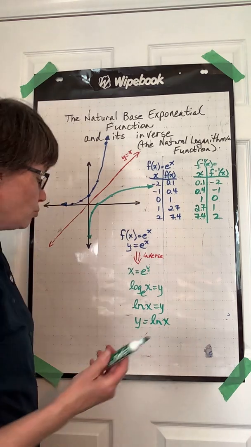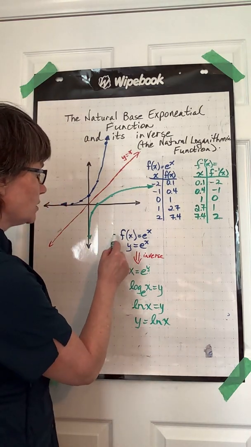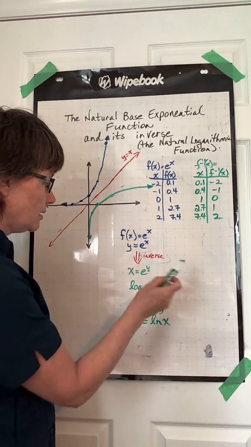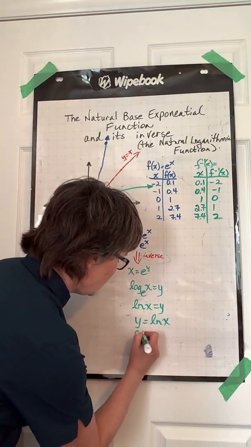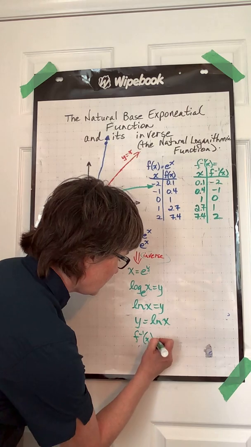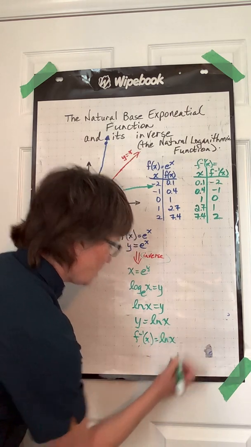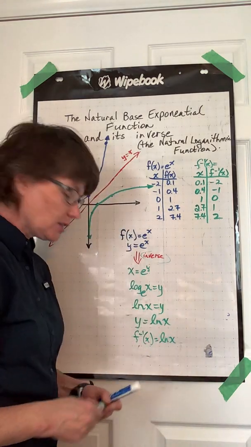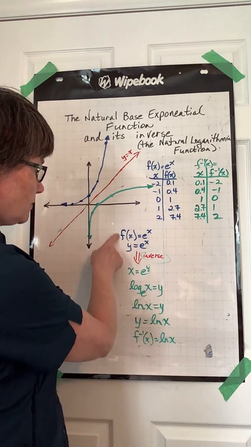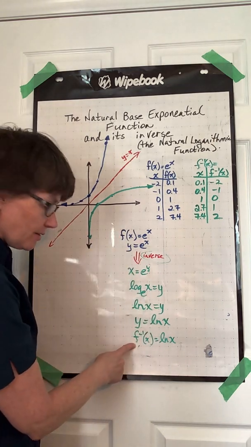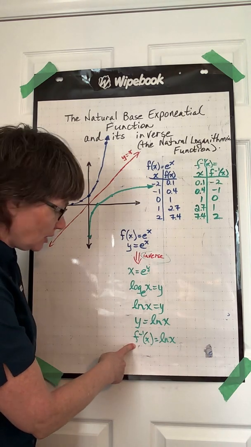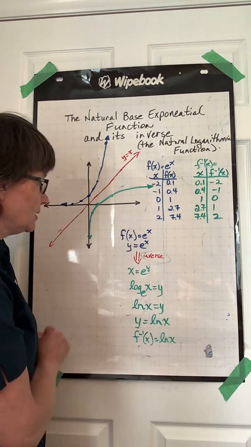And now let's notate our proper notation. We're talking about an inverse here. So that, and we started with f of x, so our inverse notation is to use f inverse. And so this green graph is the graph of the inverse function of the natural base, and this is the natural logarithmic function, its inverse.